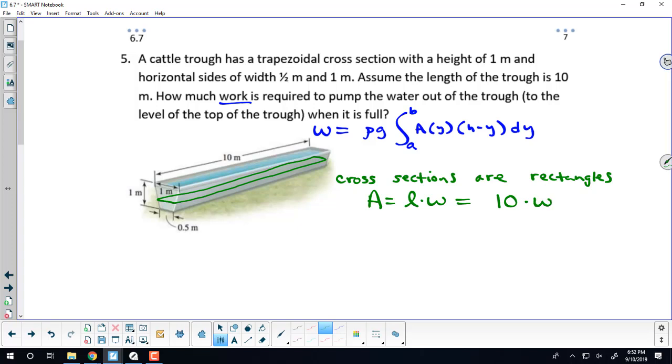So that's the idea. We need to work with that, but we need the width in terms of y.